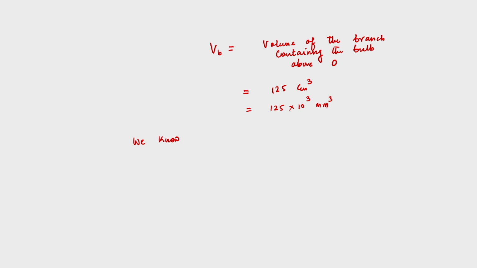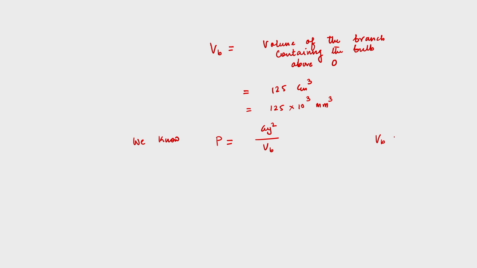Now, we know from my previous lecture that the pressure P is equal to AY square by VB. To arrive at that expression we assumed, if you can recall, that VB is much larger than AY.